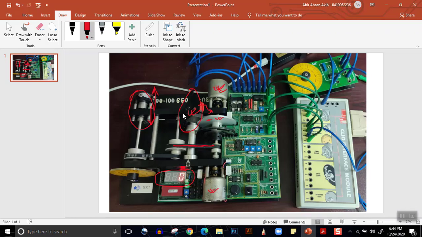Other things that you need to learn: you can see there are a lot of LEDs here, and this disk is patterned. The pattern of this disk, together with the LEDs and photo receivers, will indicate the position of the actual motor. At any point of time, the pattern is either silver, which can reflect light, or black, which cannot.